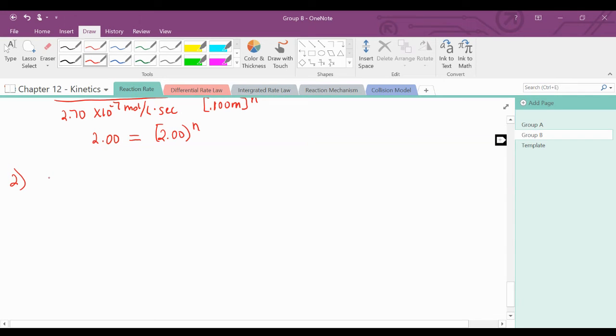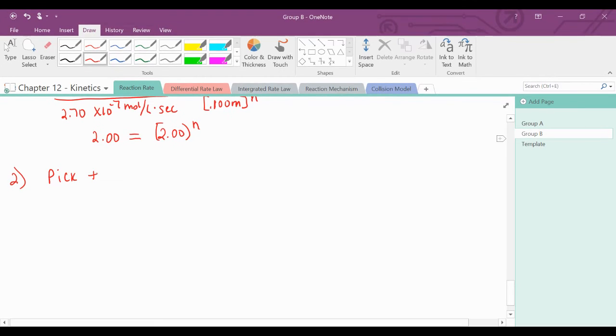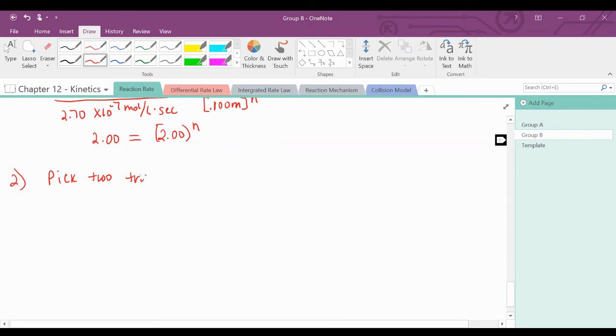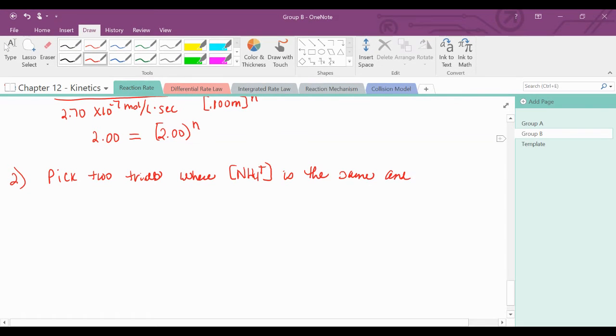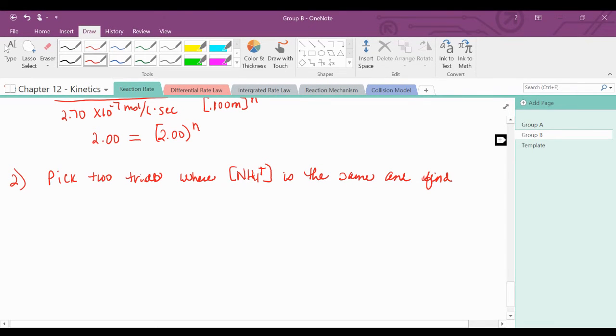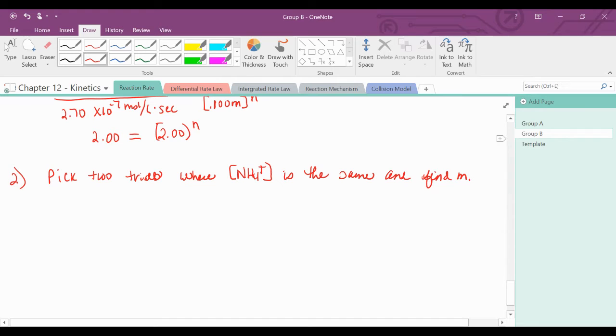For this, we're going to pick two trials where the ammonium ion has the same concentration, and we're going to find the order of reaction, so we're going to find m. If I look at my data table, I can see that in trials 1 and 2, the ammonium ion has the same concentration.